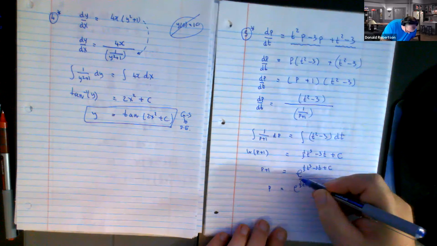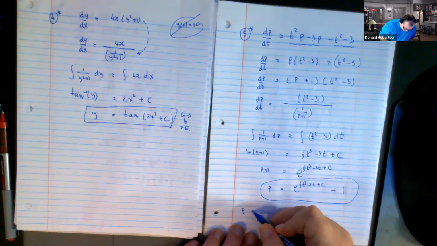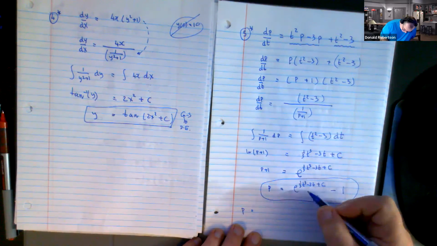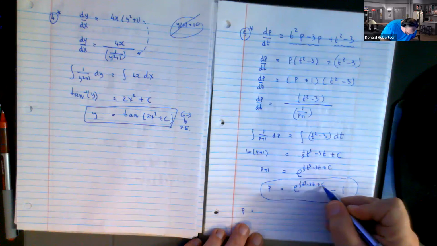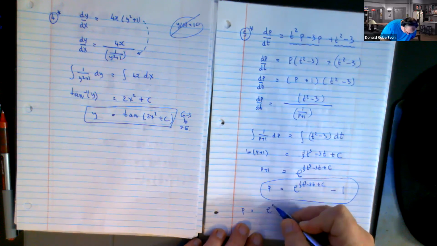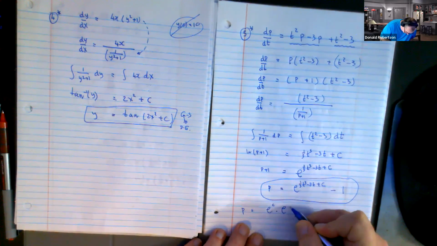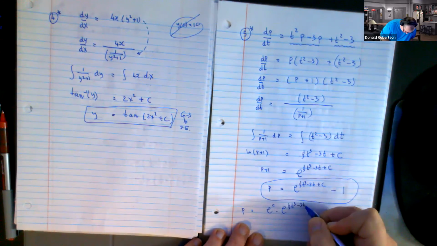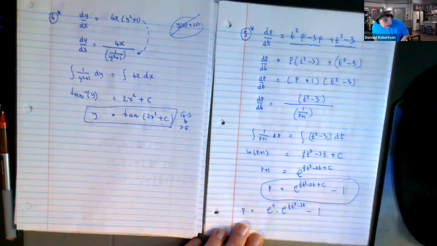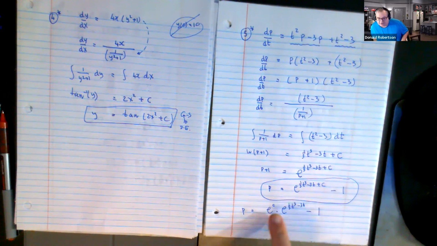But the algebra of what's going on here can be rewritten differently. This thing here can be written as e to the c times e to the 1/3 t cubed take away 3t, take away 1. You know, plus becomes this guy.